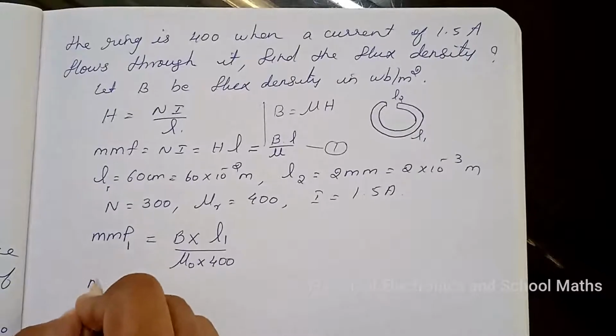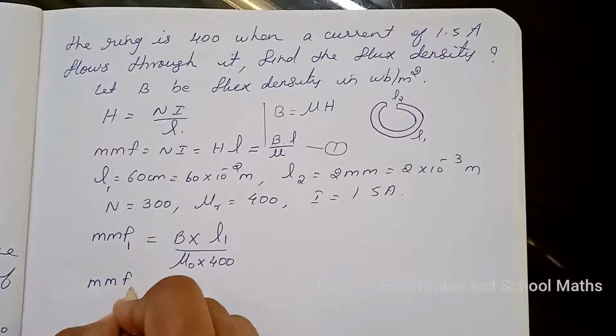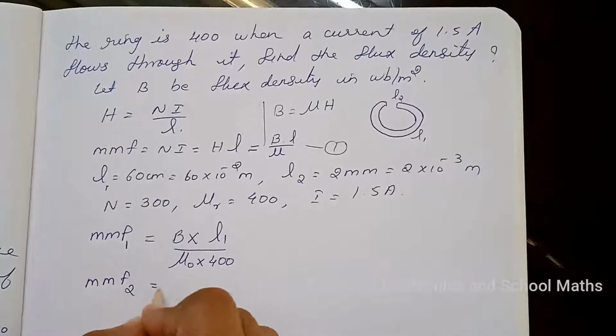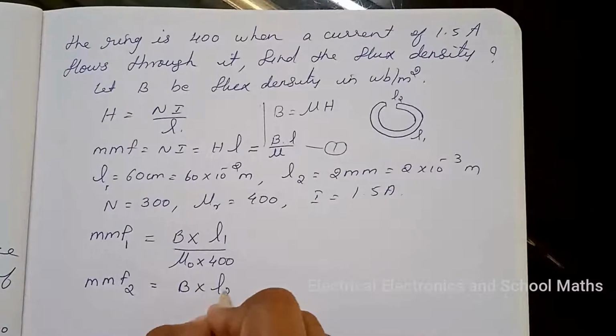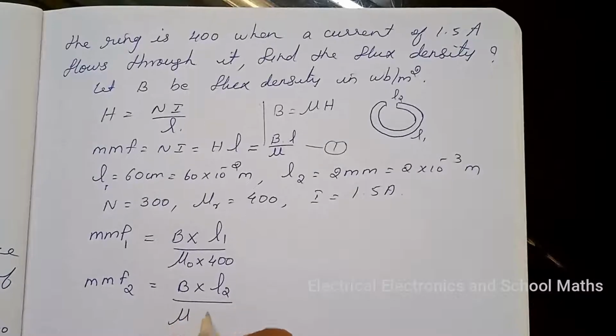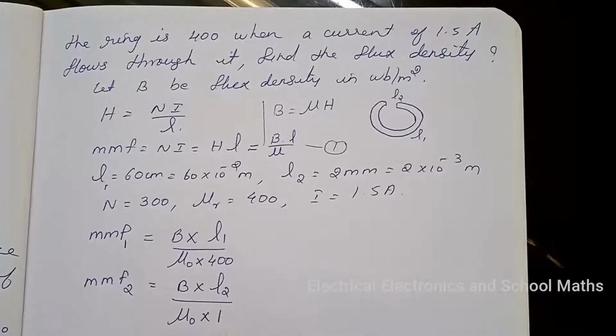Then next is mmf required for the air gap, that is mmf 2 equal to B into L2 divided by mu 0 into mu r, and mu r is 1 for air gap.